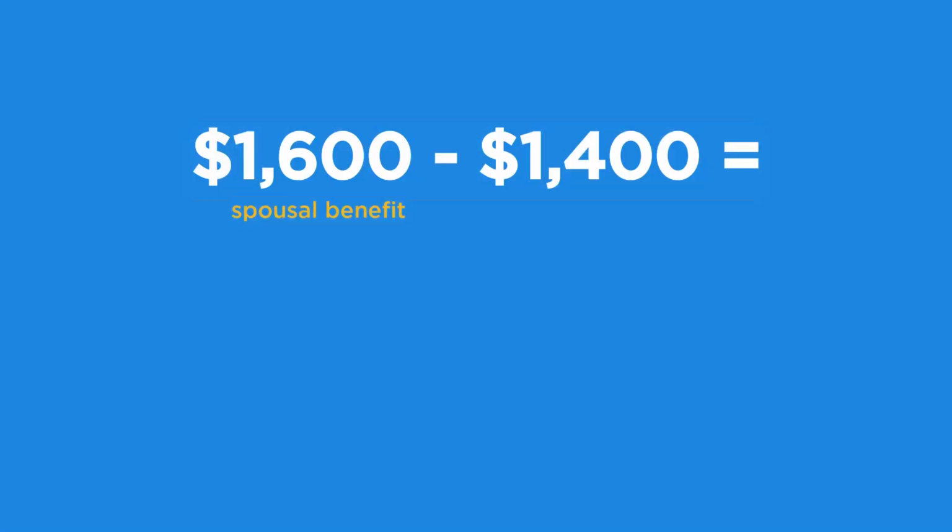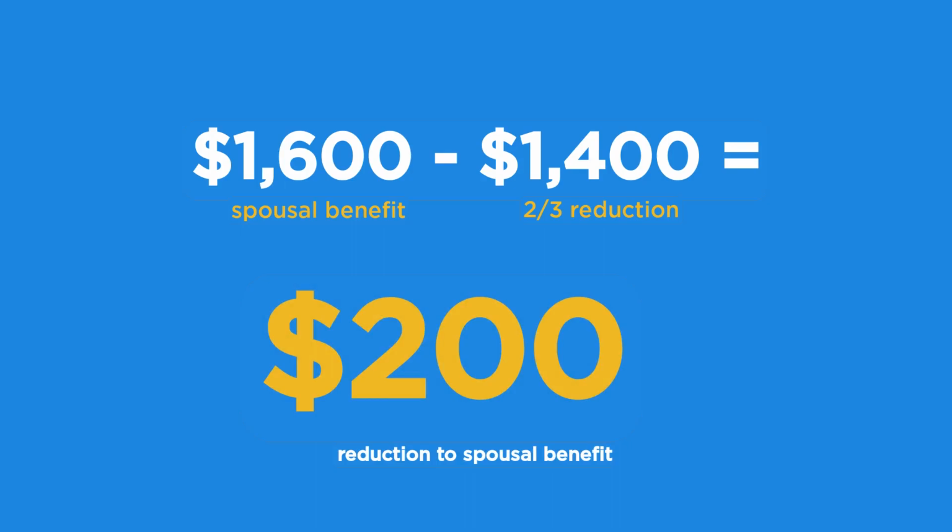So let's look at another example, except instead of $1,000 spousal benefit, it's $1,600. So let's say we have the same 2/3 reduction of $1,400, which will leave a spousal benefit to that recipient of $200 per month. You can see that the GPO can have dramatic effects on your spousal benefits. At this point, you might be thinking, well, there is a district near me, or perhaps my district pays Social Security.